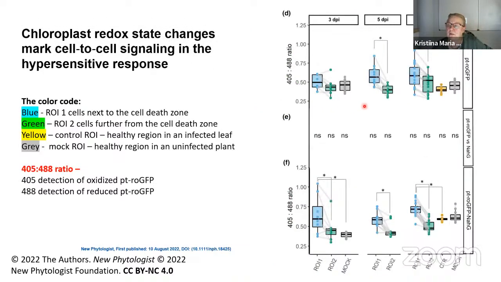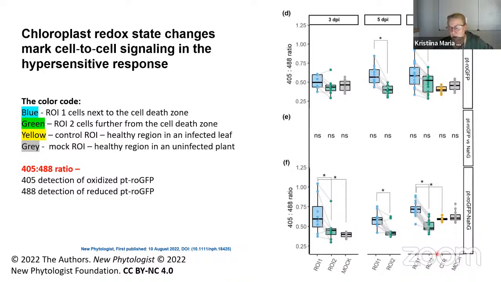And if you look at the quantitation of these changes in this ratio with the excitation 405, which is for detection of the oxidized form of the GFP, and then at this 488 nanometers, which is the photoreduced form, then we can see that there are significant differences compared to the controls, and also that there is a higher oxidation level in the cell death zone than in these cells that are a little bit further away.